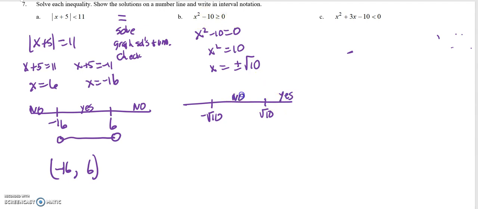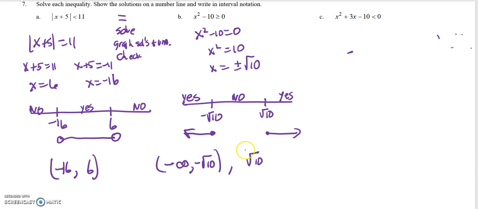Sub in 0 in the original problem, false statement. Sub in negative 4, you get 16 minus 10. These should be closed dots. And in interval notation, it would look like that.